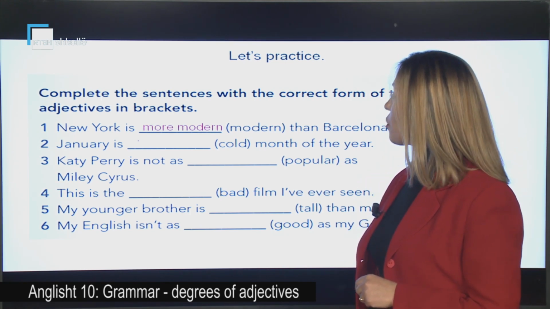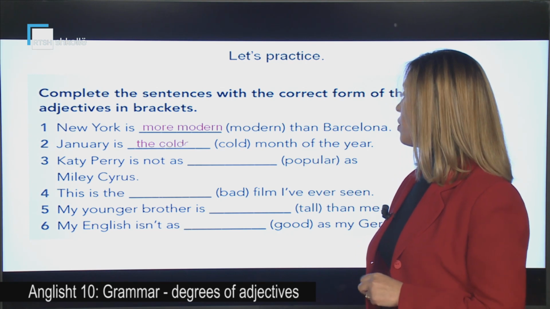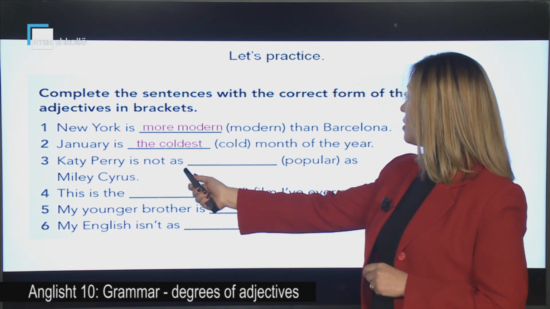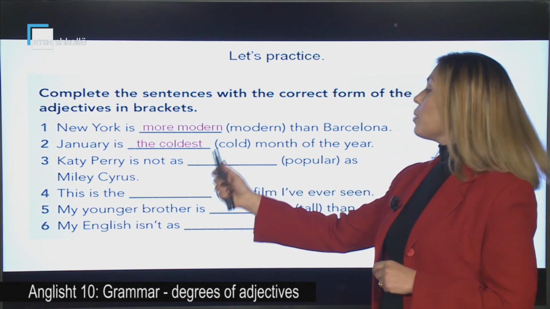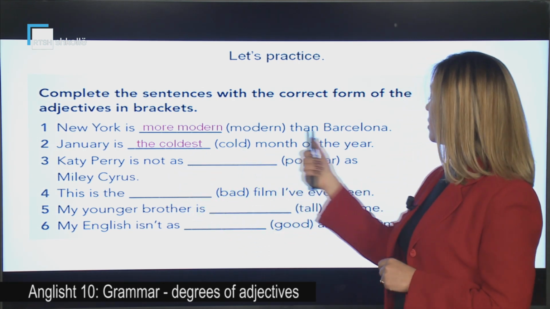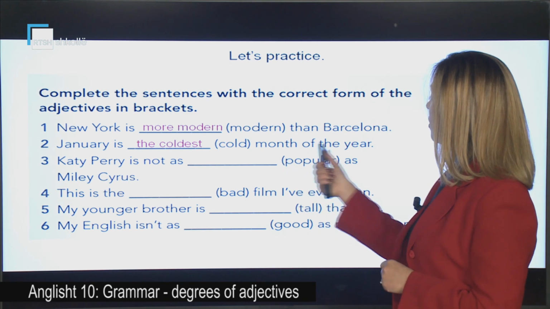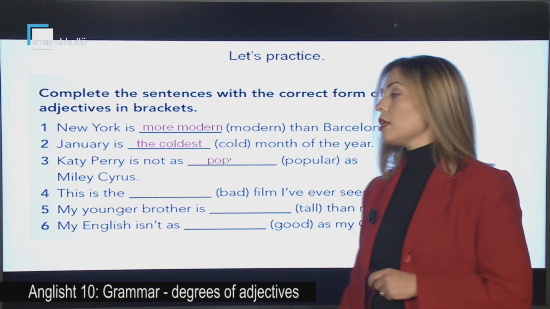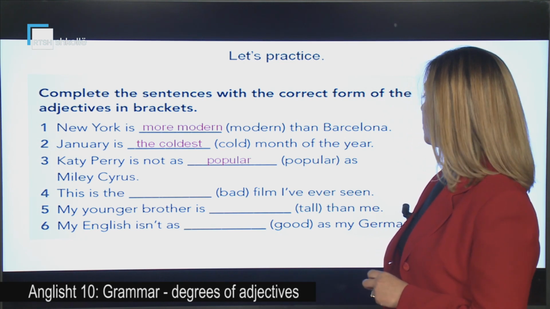The coldest month of the year. Katy Perry is not as, that's easy. When we have the structure we said as, we leave the adjective as it is. So not as popular as Miley Cyrus.